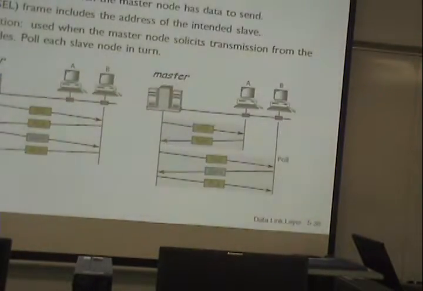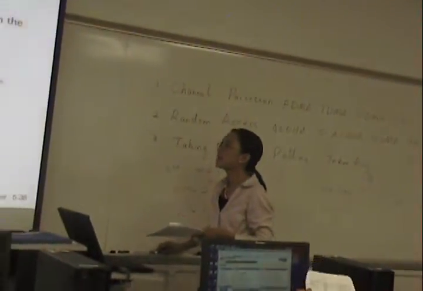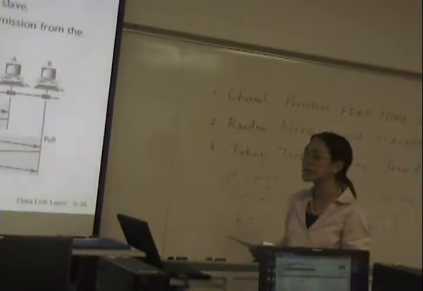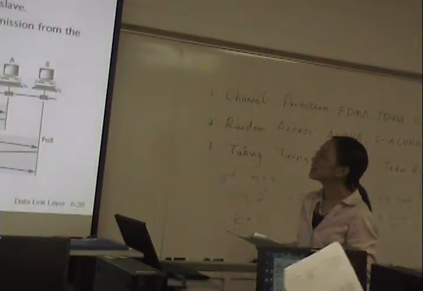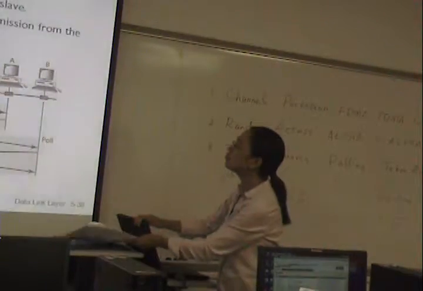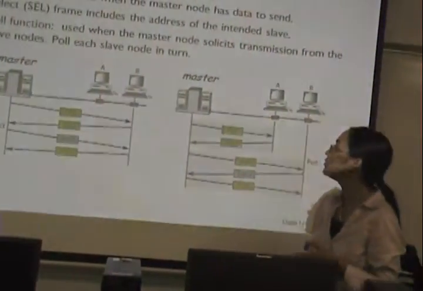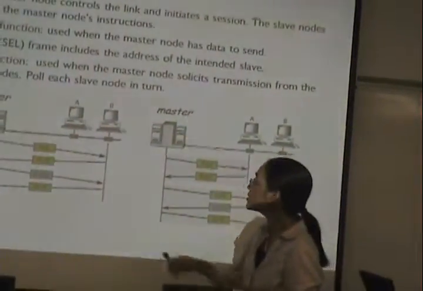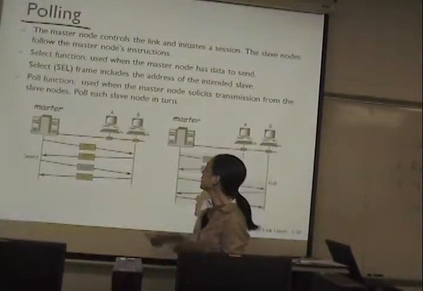The previous slide was just to summarize. The next slide shows the functions involved with polling. In fact, there are two functions. The first function I indicated here is the select function. The select function is used when the master has data to send to a slave.